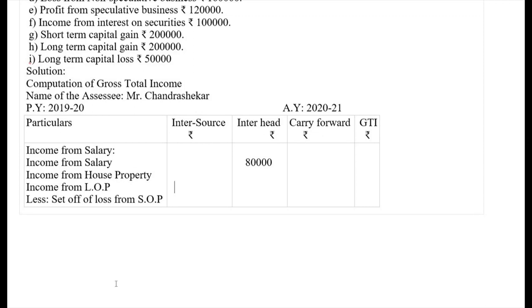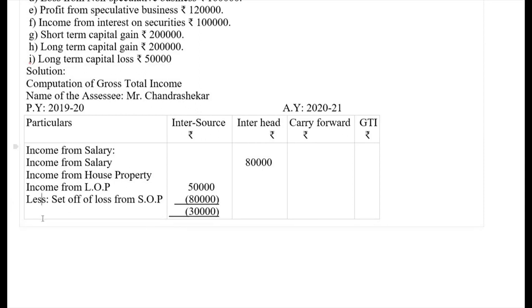Income from LOP is given as rupees 50,000. Let me put this in the bracket, which indicates minus. So 80,000. The difference here is 30,000, which is a loss from SOP, as it is of the current year's loss, which can be adjusted against income from salary here. So 30,000 here.